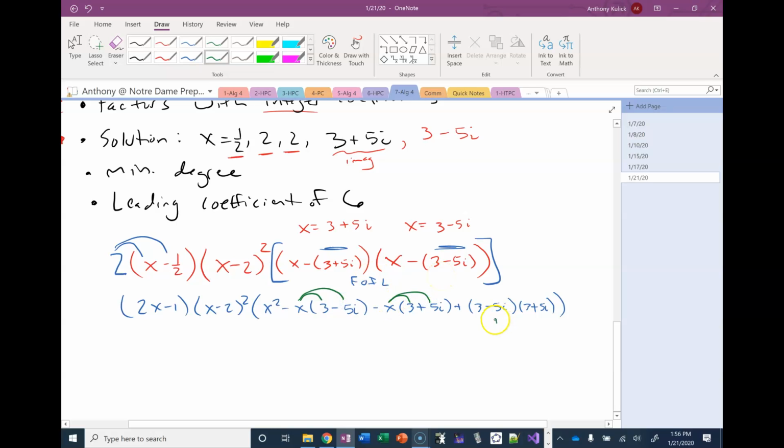So now I just need to multiply some things out. So I'm going to distribute the x through. And then I'm going to FOIL out that last pair.